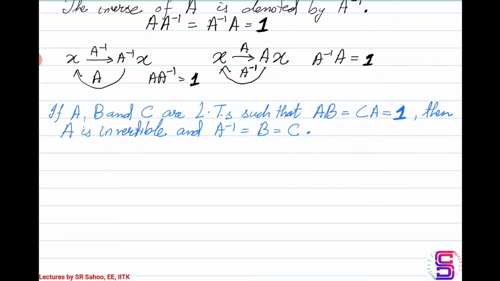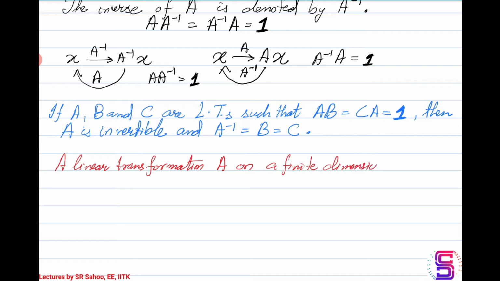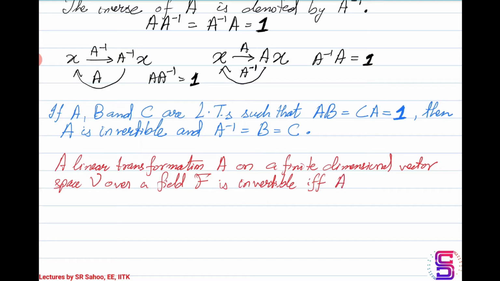The next result that I'll tell you is this. A linear transformation A on a finite dimensional vector space V over a field F is invertible if and only if A acting on x equal to the 0 vector implies that x itself is the 0 vector.